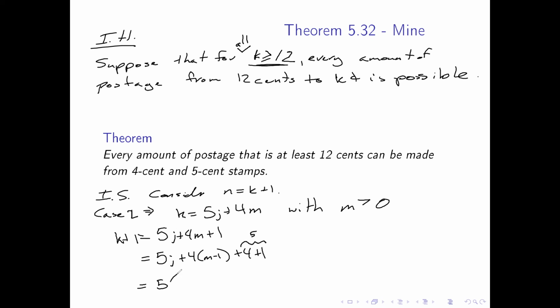So this is 5 times j plus 1, plus 4 times m minus 1. So we kind of worked our way through this. That's ugly. I'm going to erase that and make that last line a little cleaner. I apologize.